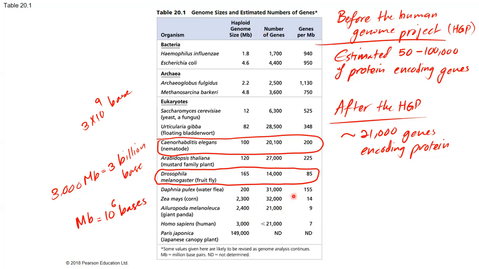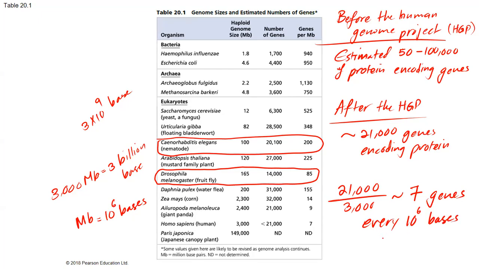If you divide 21,000 over this number, you will get approximately 7 genes every 10 to the power 6 bases, or every 1 megabase.